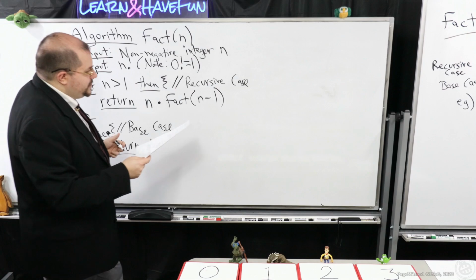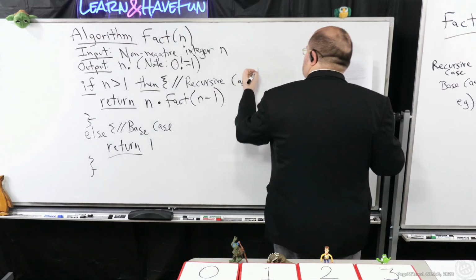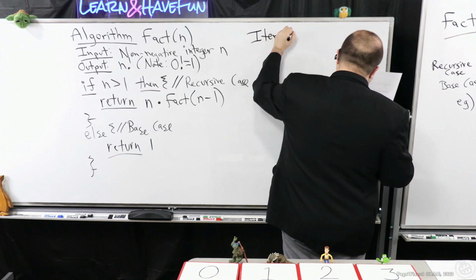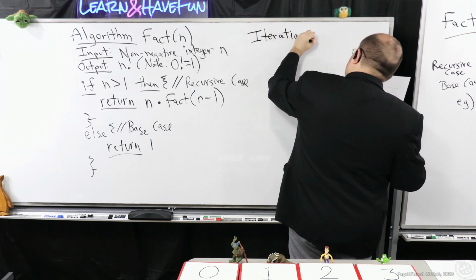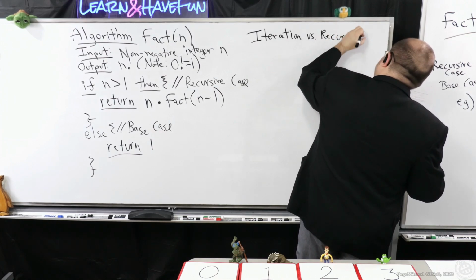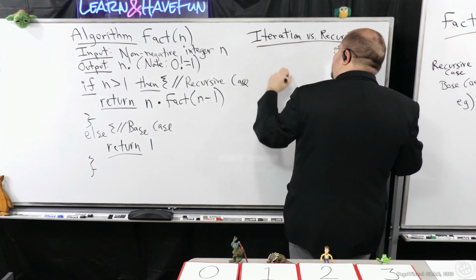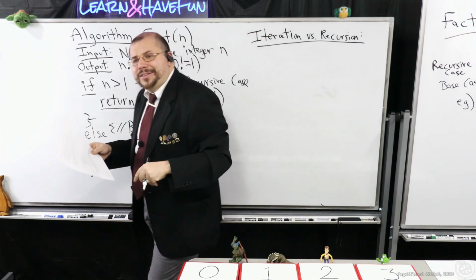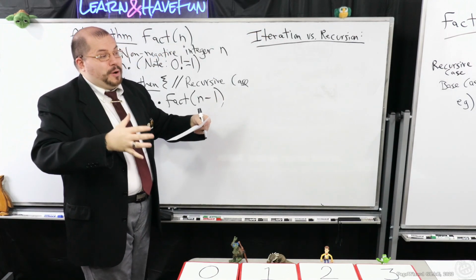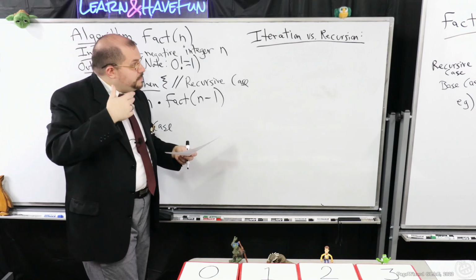So, just as a remark about iteration versus recursion, and I must stress that the versus is rather superficial. You shouldn't see these as competing paradigms. They're things that you might consider in both ways. You may have an algorithm that uses both.